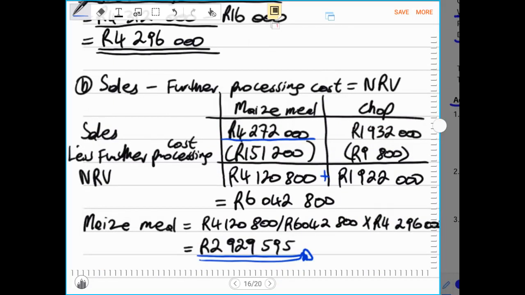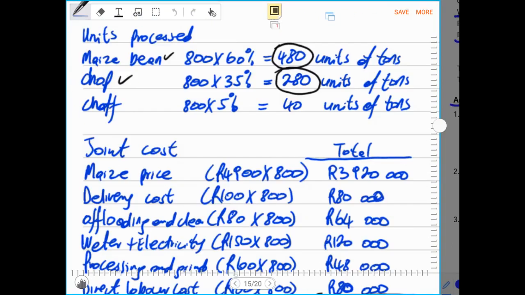So as I said to you previously, just to recap, the amount of sales here is based on the total units that were processed, 480. Even if they gave you the number of units that were sold, stick to the units that were manufactured or the units that were processed, not the ones that were sold.